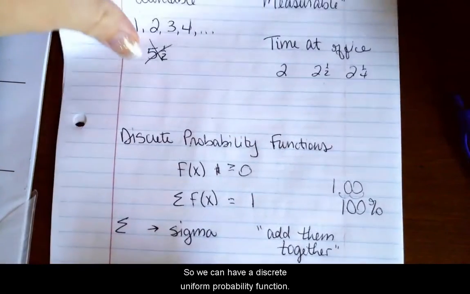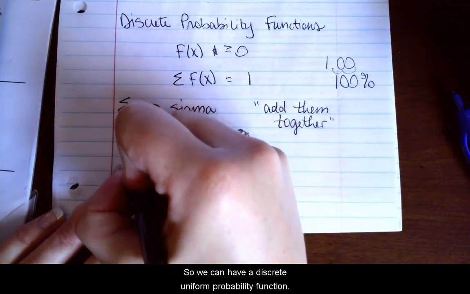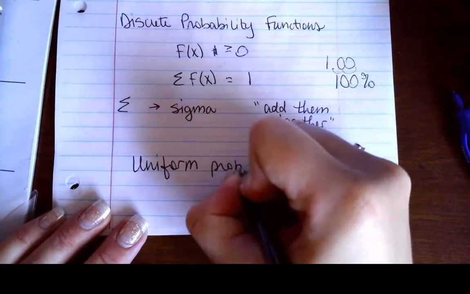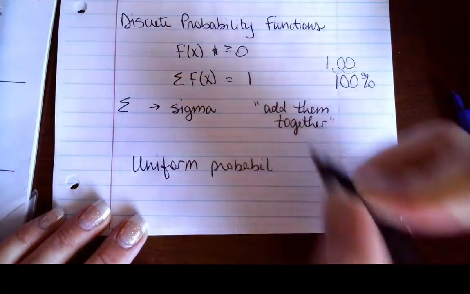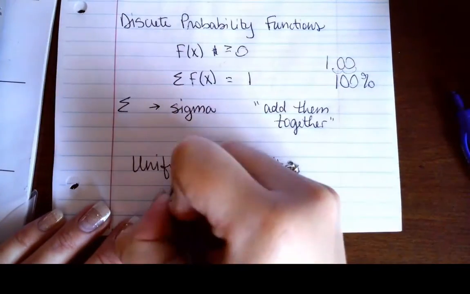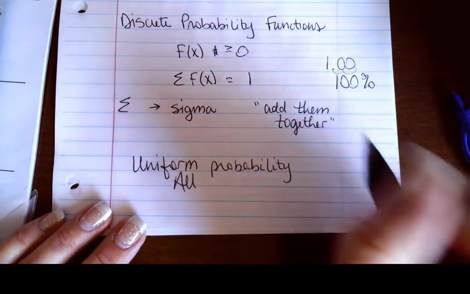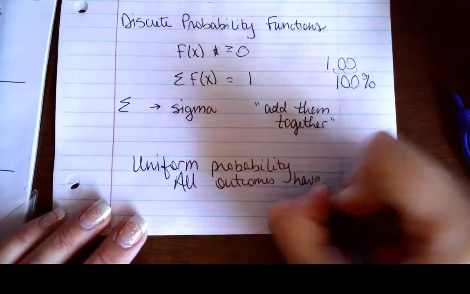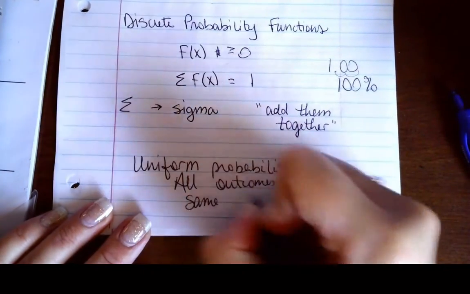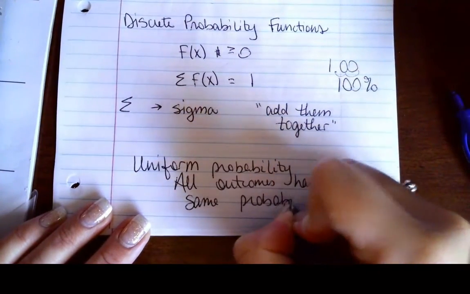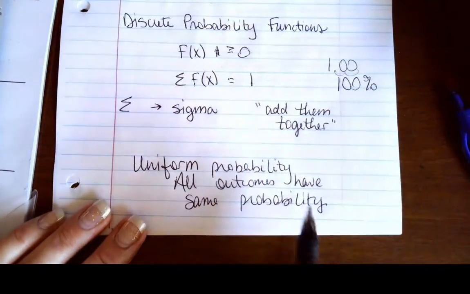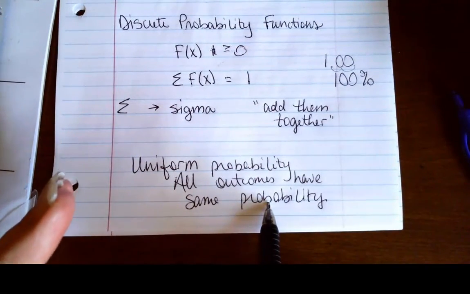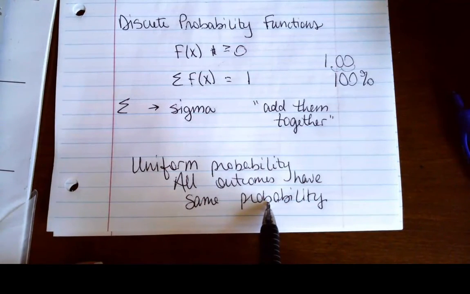So we can have a discrete uniform probability function. A uniform probability function means that all outcomes have the same probability. Something that is used in the textbook, and that we always use for probability, is rolling a die.